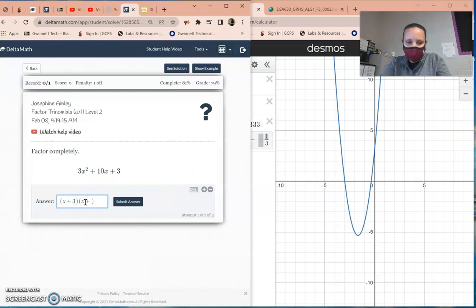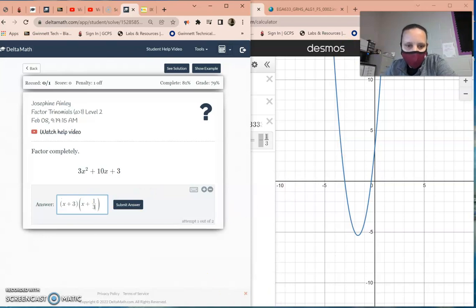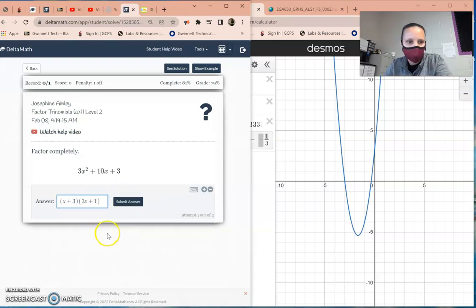Now, remember, you cannot leave it as a fraction. So all you have to do is take the denominator and put it in front of that x. So it'll be 3x plus 1. And you're done. All right, so 3x plus 1, that's the answer.